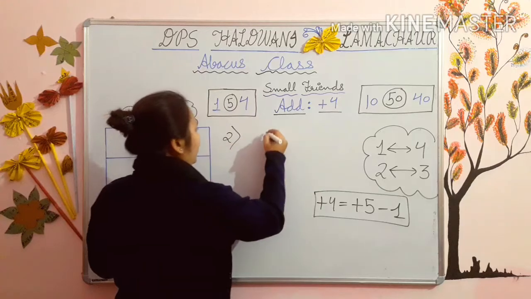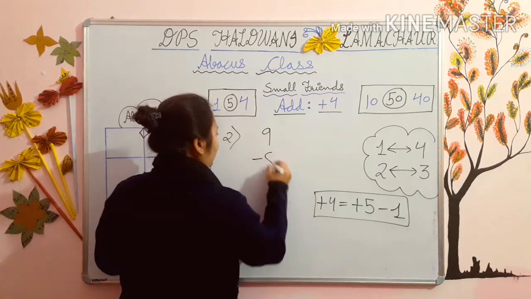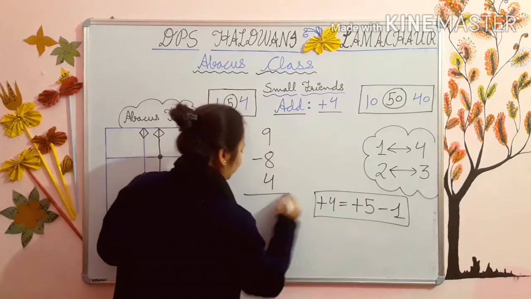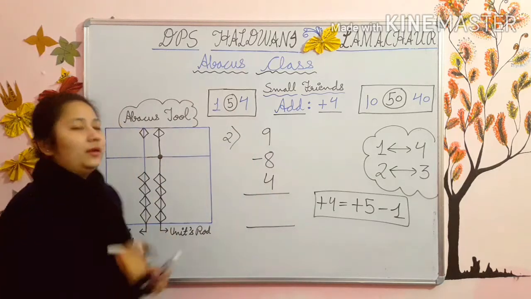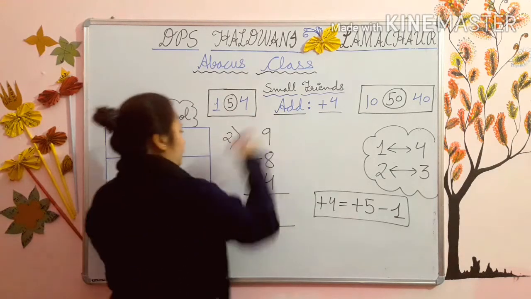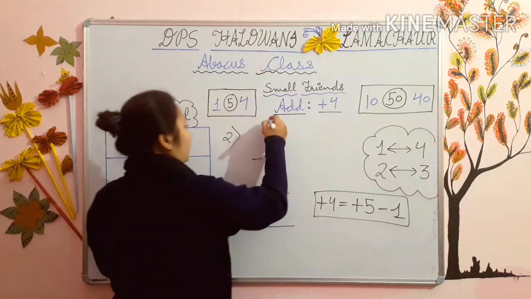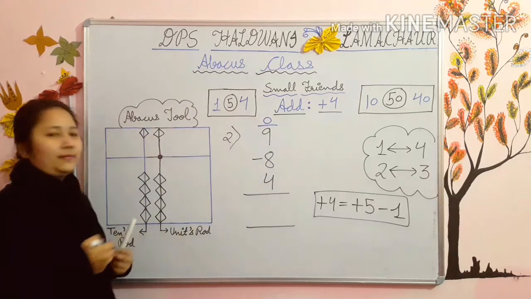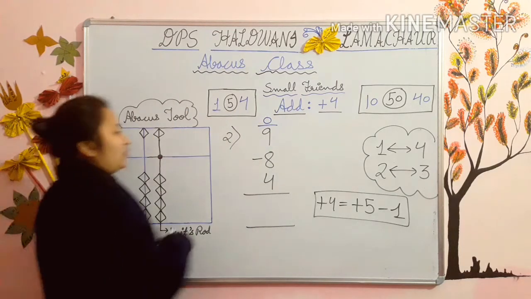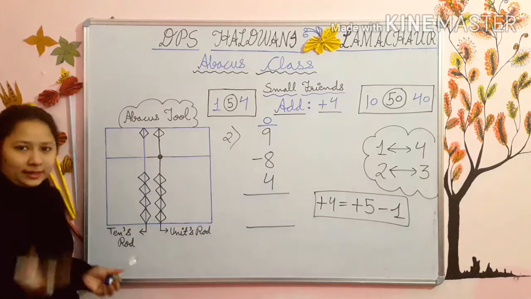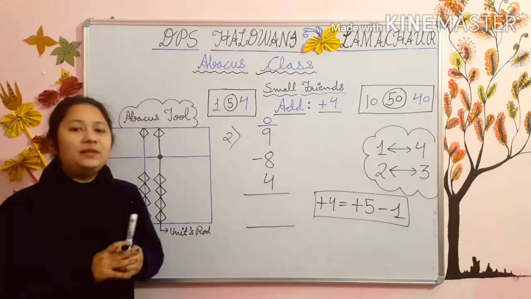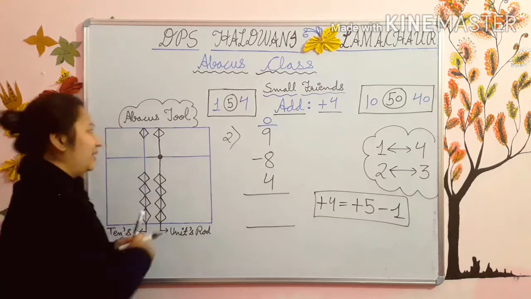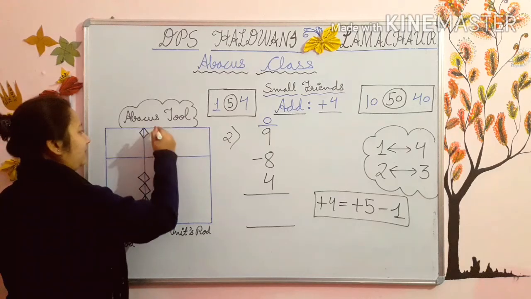Your second sum is 9 minus 8, plus 4. Now as you all know, our first rod will go in ones rod. Okay. Now first of all add 9. Now 9, you know how to add 9. You will take the help of 5. Now first of all add 5.